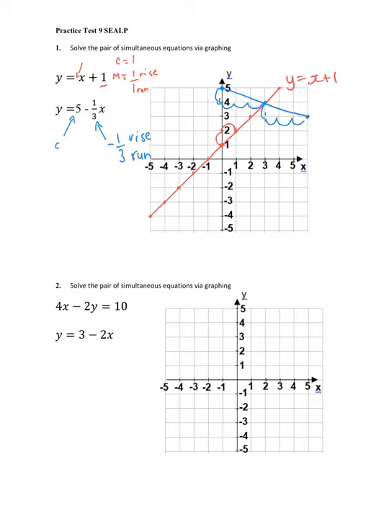Just going back, what I mean by that negative, I might just rub that out. It doesn't really matter. If I apply the negative to the 3, so I'm rising one place, going back 3 places. That means I'm going up 1, and back 3. 1, 2, 3.